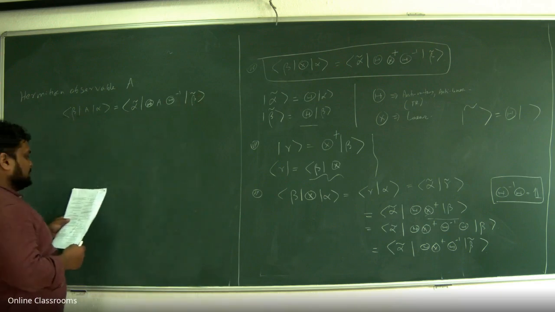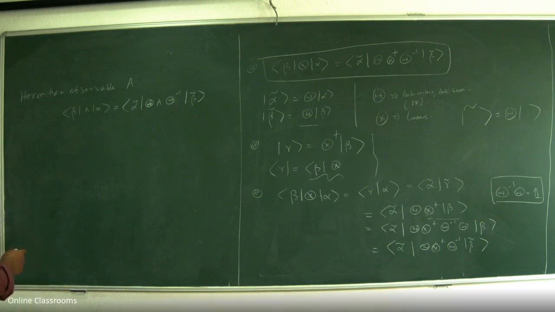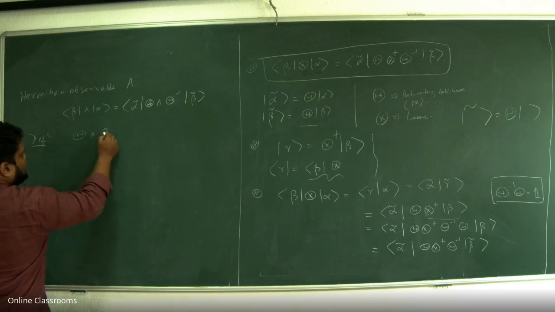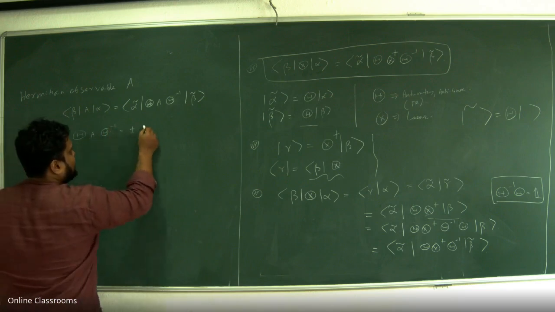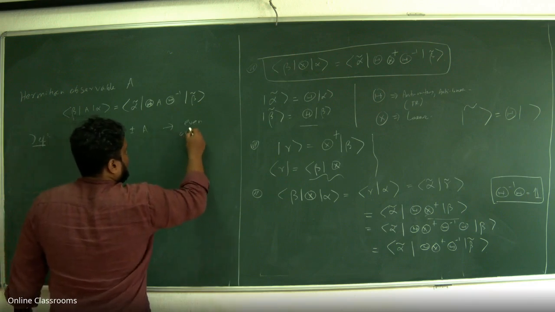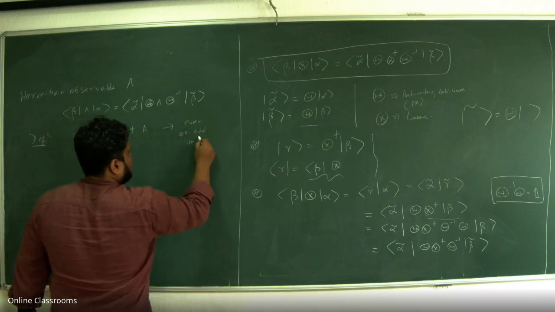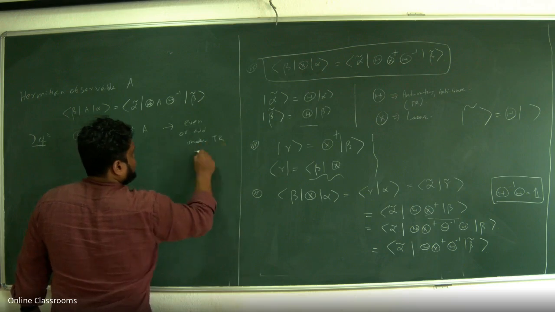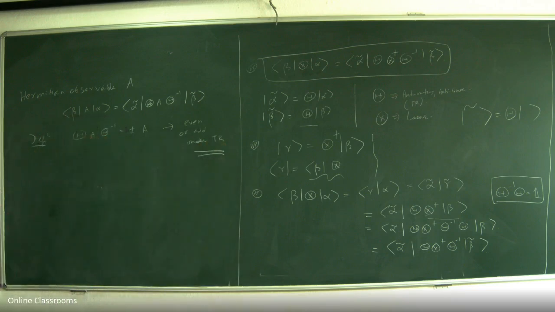Now you can say that this is a definition. We call this thing, which could be either plus A or minus A, even or odd under time reversal. Generally all the Hermitian operators are either even or odd under time reversal operation.